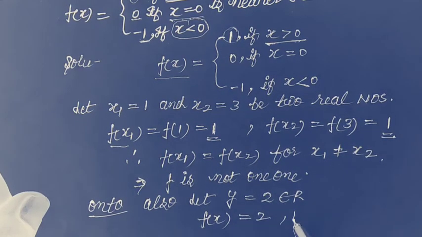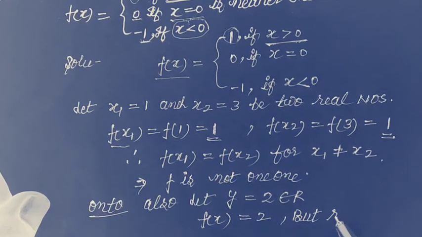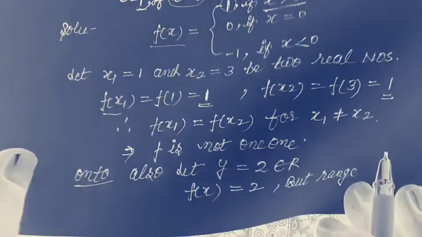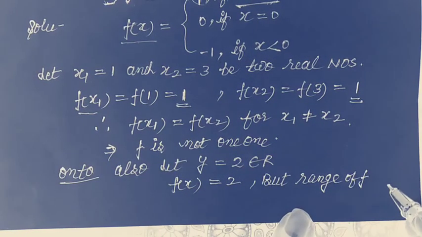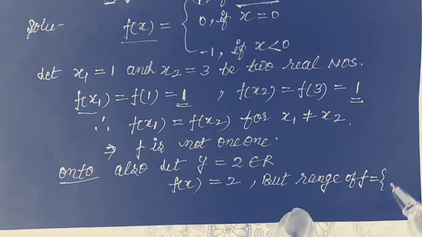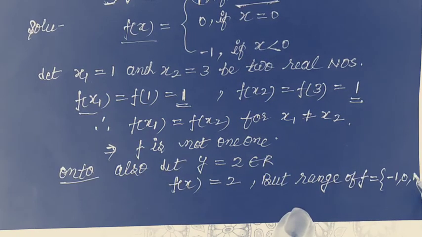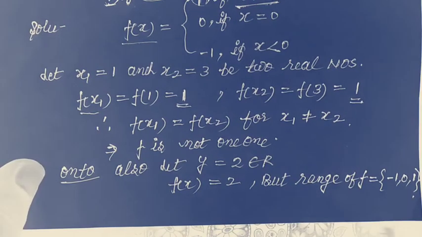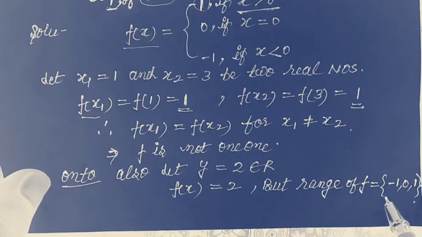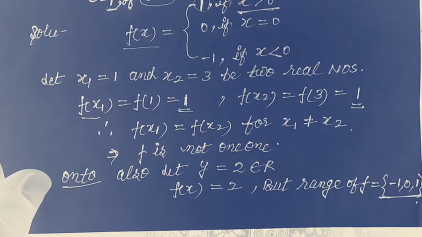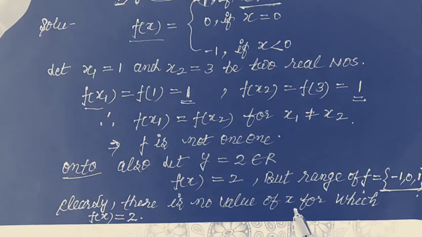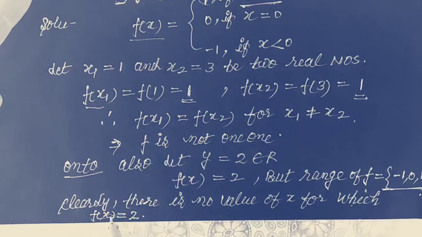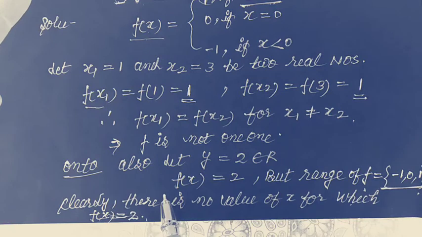But the range of f we have here is -1, 0, 1. So there is no value of 2 here, isn't it? So we can say clearly there is no value of x for which f(x) equals 2, isn't it?